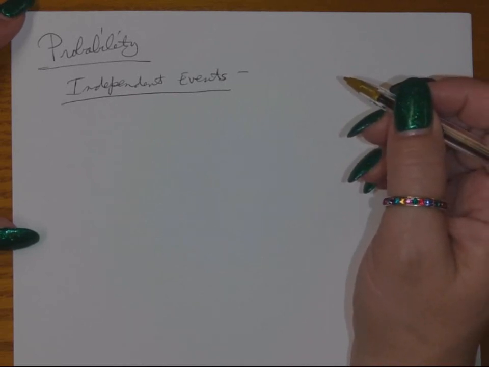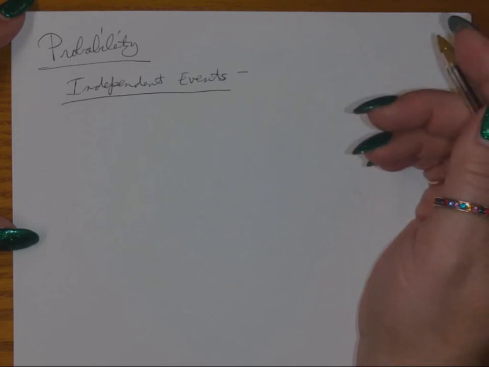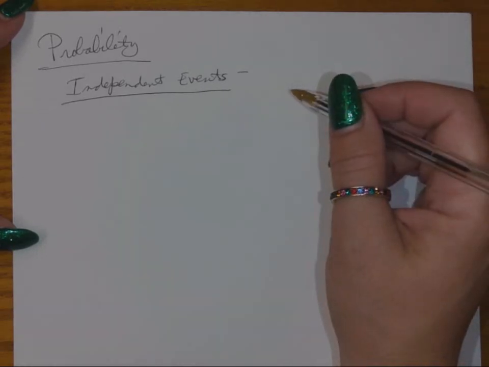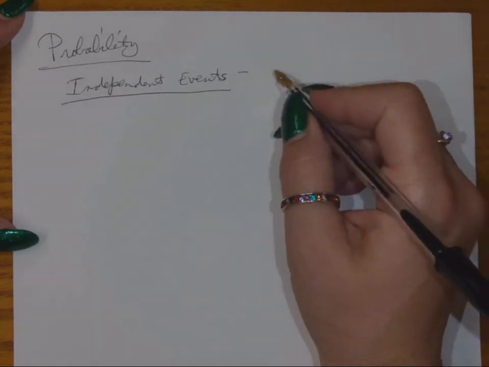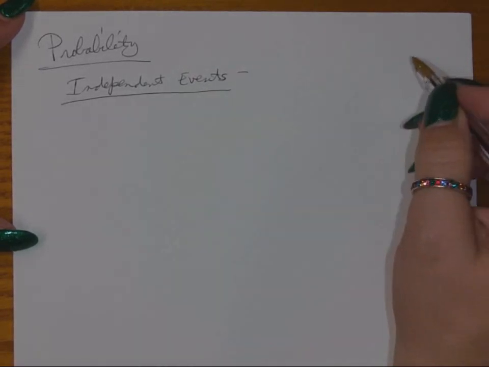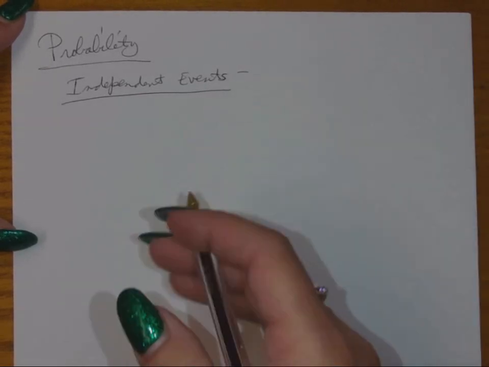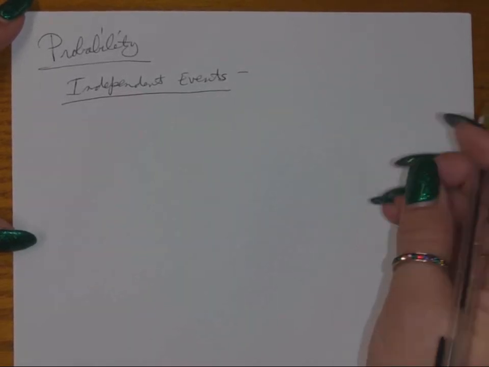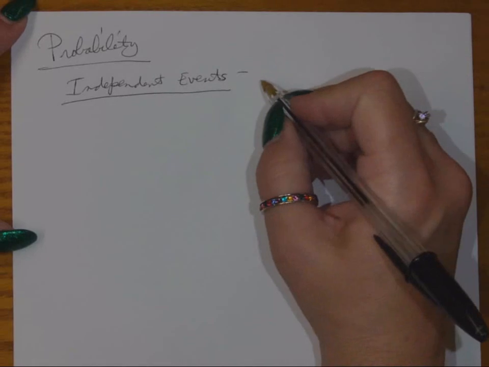Well, if one's a red die and one's a blue die, for instance, does it matter what happens on the red die? No, the red die, whenever I roll it, it's completely independent of what's happening with the blue die over here whenever I roll it. Now that's assuming that we're not bumping them into each other or something weird like that.